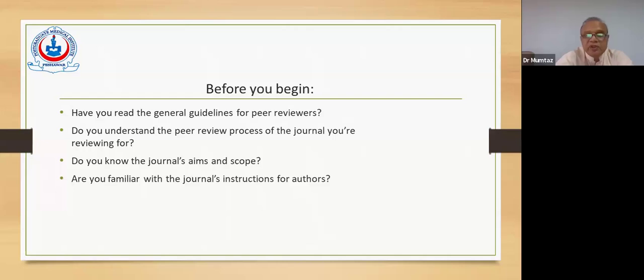Similarly, there are instructions to authors in every journal, and you should know about that, so that when you are reviewing the article, you know that authors are required to submit their articles in that particular format, and that content should be the same as per the journal's scope and requirement.